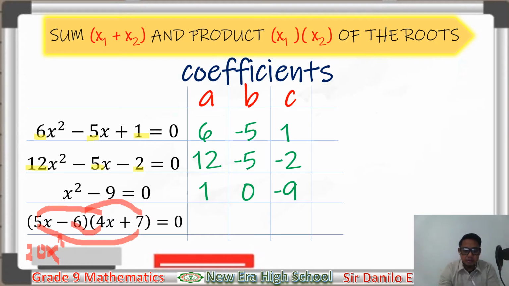Then multiply natin to, that's negative 42. So, the value of your a will be 20, b is 11, then c is negative 42.